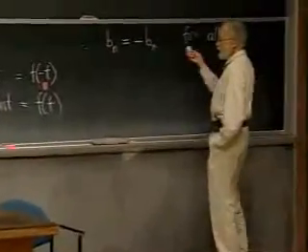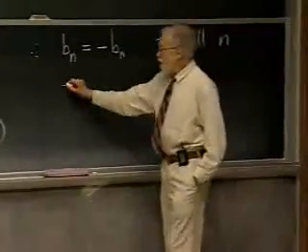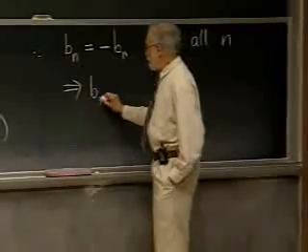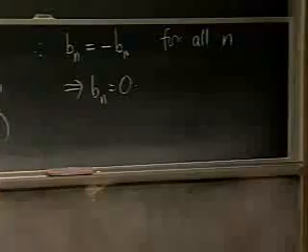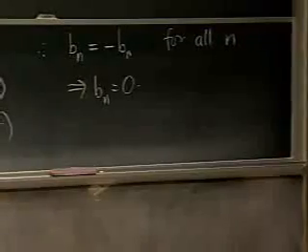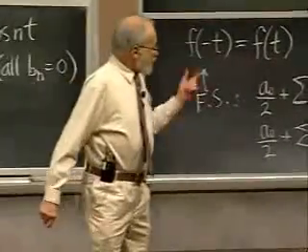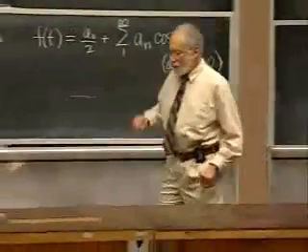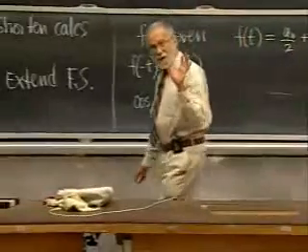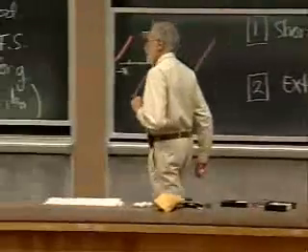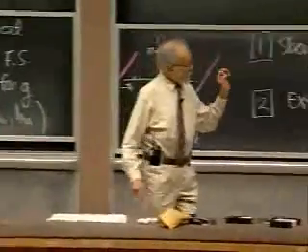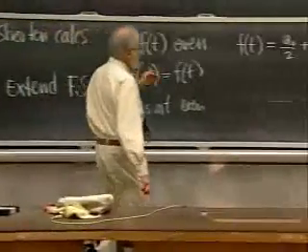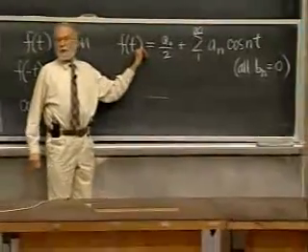Now, if bn is equal to negative bn, that implies that bn is 0. 0 is the only number which is equal to its negative. And so by this argument, using the uniqueness of Fourier series, we conclude that if the function is even, then its Fourier series can only have cosine terms in it.